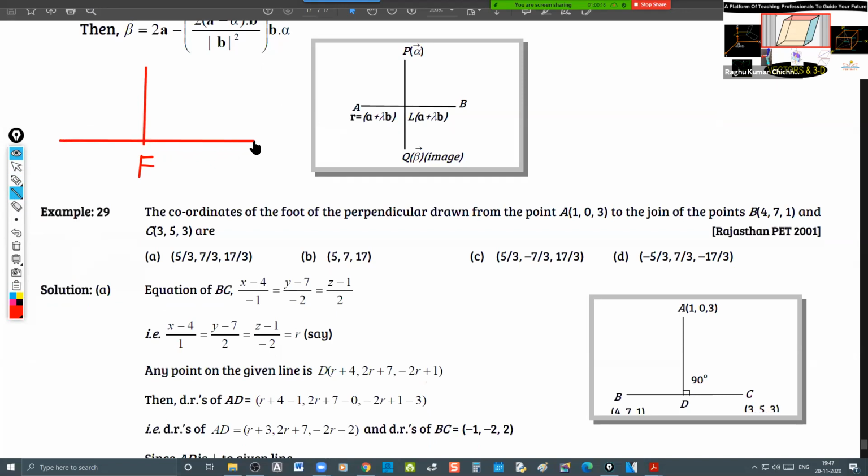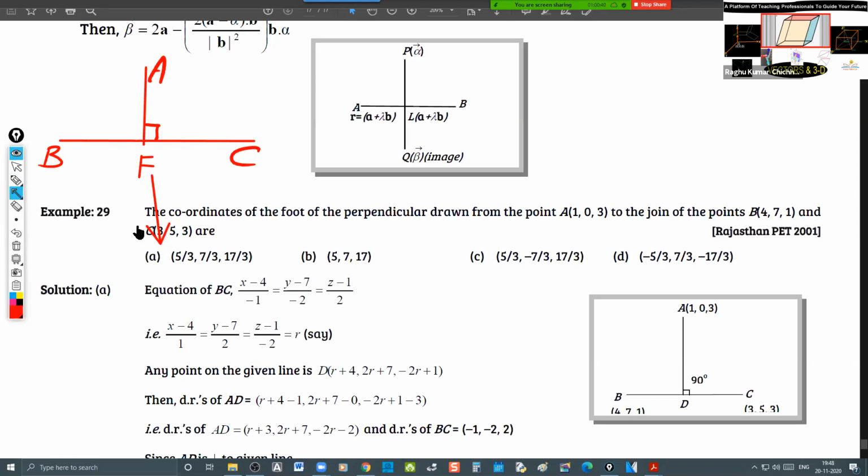This is A, this is B, this is C. Now we know that these two are mutually perpendicular, and hence your F is lying in the answer.